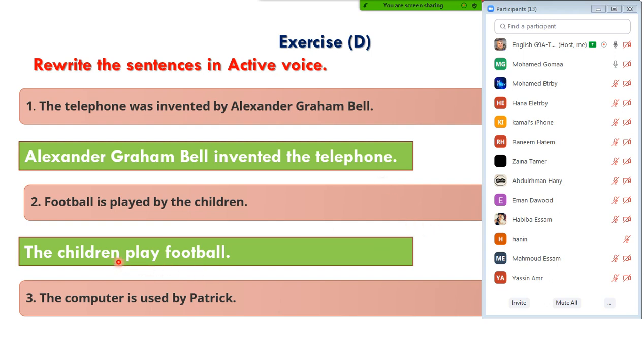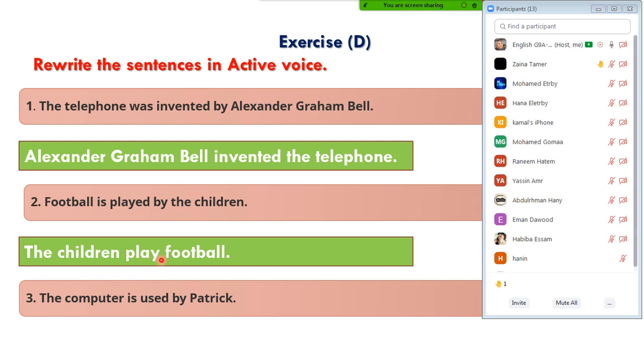Why play, not plays? Why didn't I add s, es or ies to play? Anyone can answer. Why didn't I add s as long as this is present?